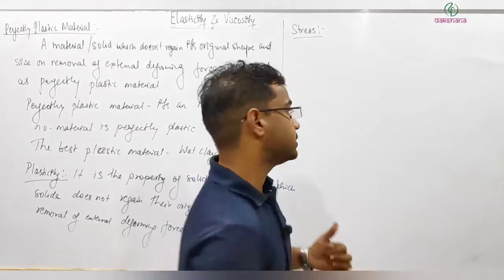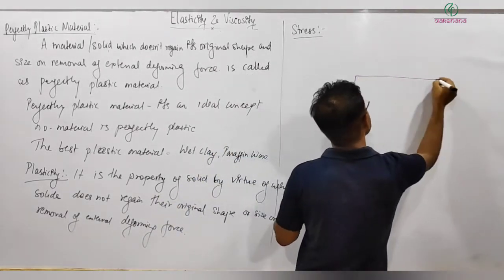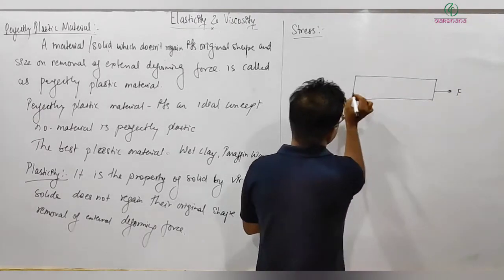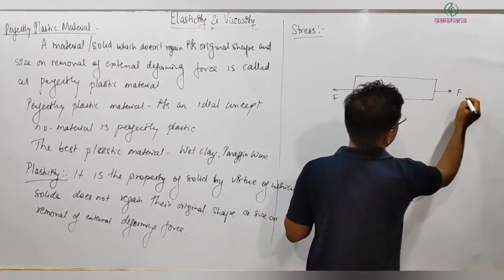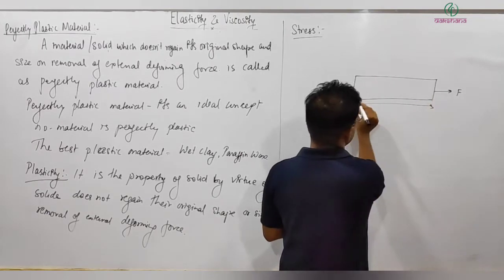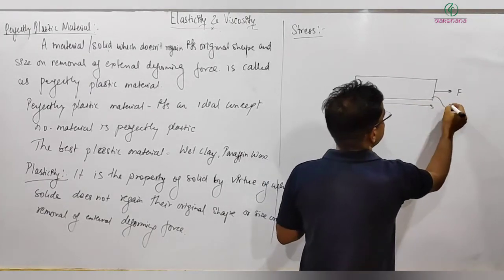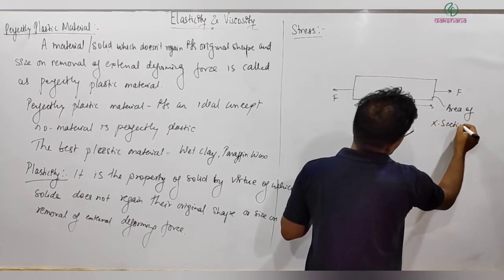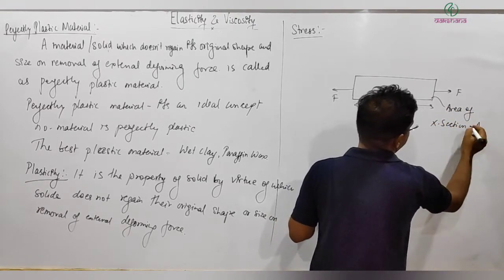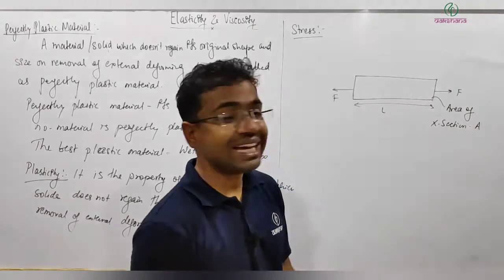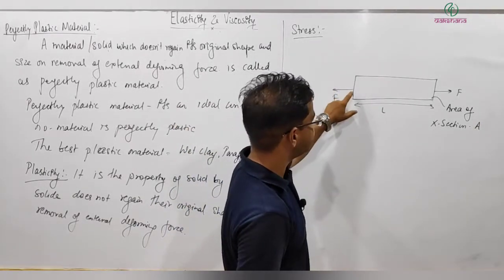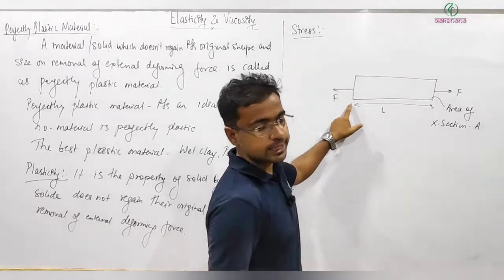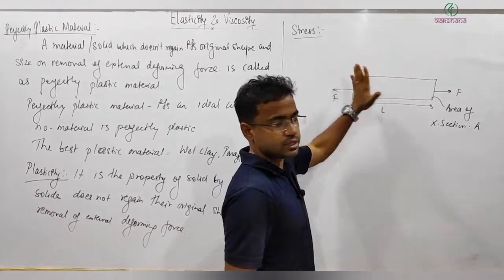Let's say this is a solid, and we are applying some force. This is a deforming force. Its length is, let's say, L original, and the area of cross section I will write as A. I am assuming that this force is not applied only at one point, but on the complete surface.